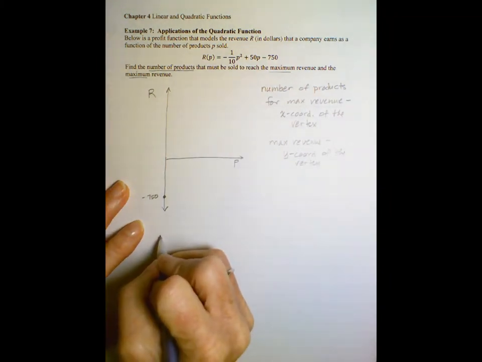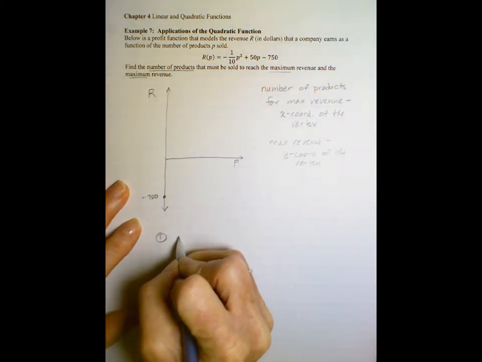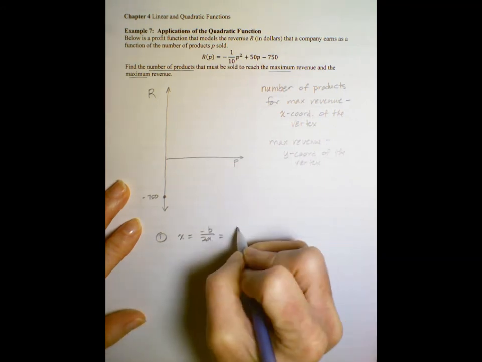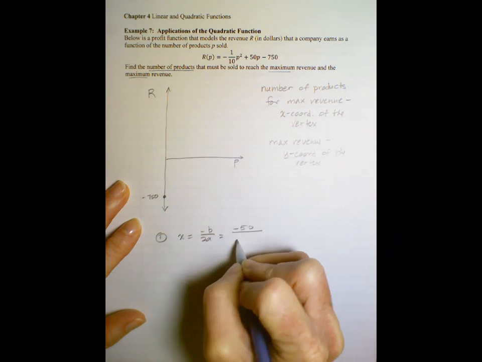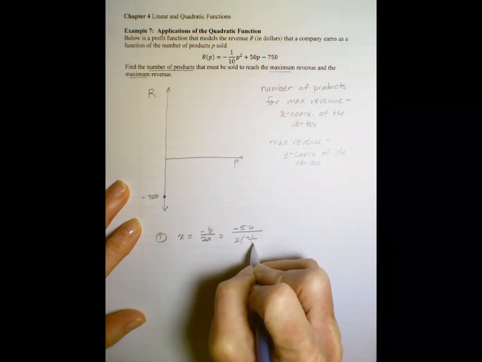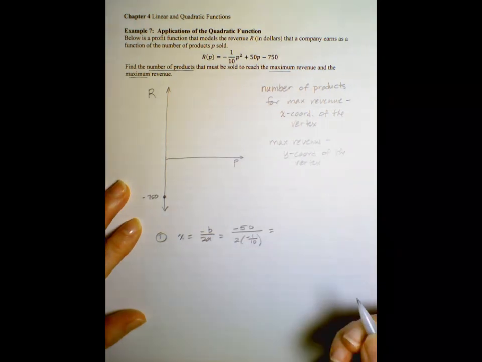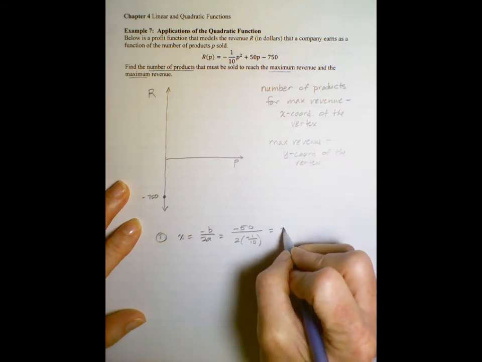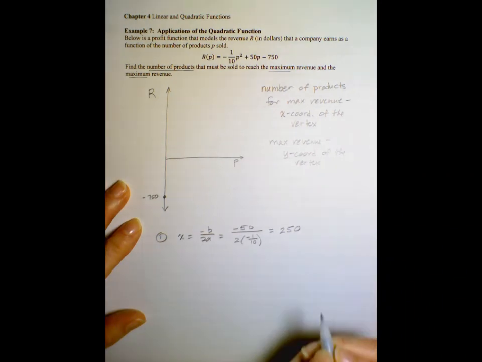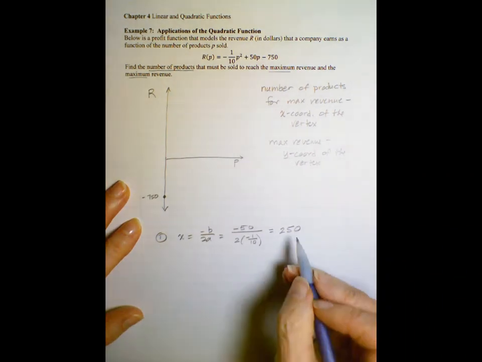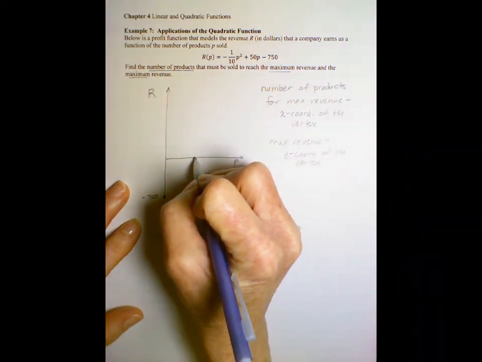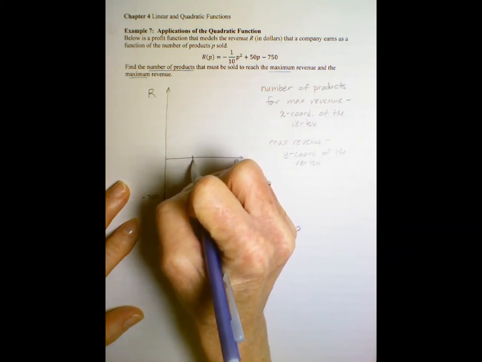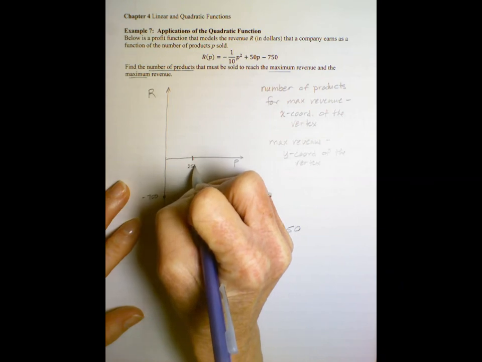So, first thing we do, to find the x-coordinate, that's negative b over 2a. All right, so negative 50 over 2 times negative 1/10. And what's that? Negative 50 divided by negative 2/10, and that ends up being 250. So what that tells us is, maybe right here, this is 250 products.